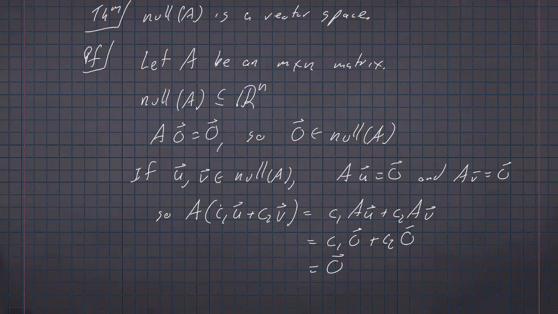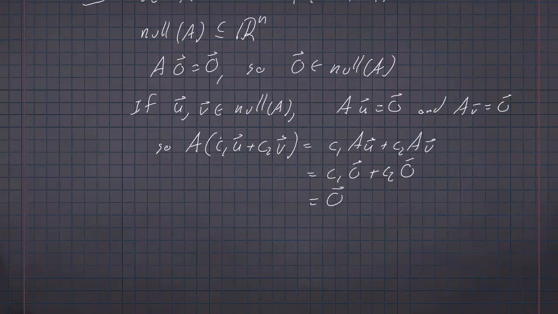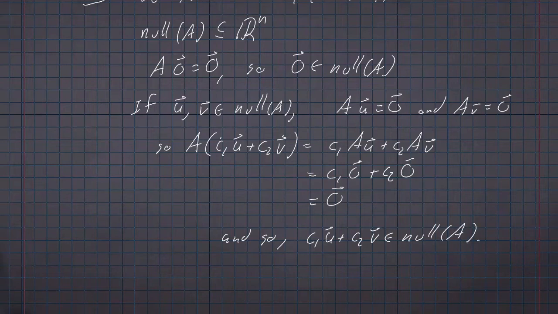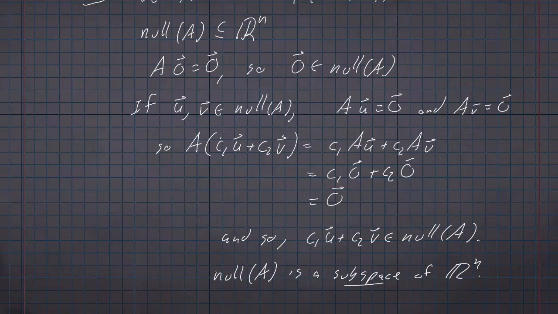So a linear combination of vectors in the null of A is also in the null space of A. And that is enough to prove that null of A is a subspace of Rn.